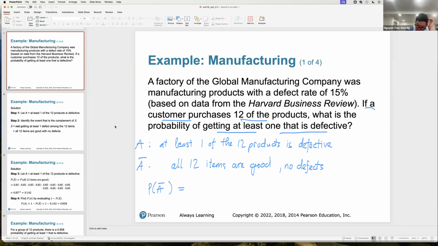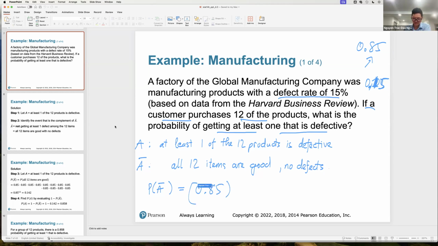The defect rate is 15%, which is 0.15 because you divide by 100, right? So the rate for an item being good is 1 minus 0.15, which is 0.85. Are we good? So 0.85 for the first item being good.